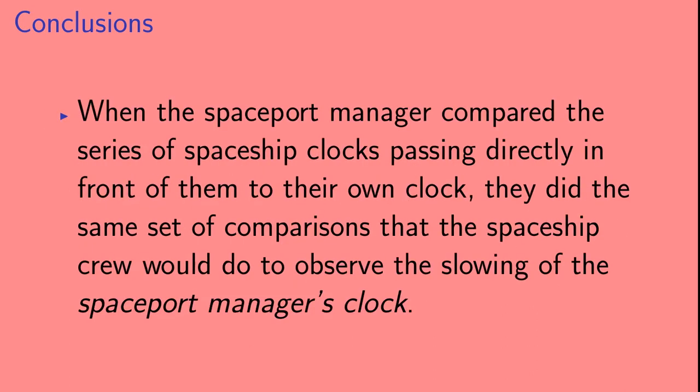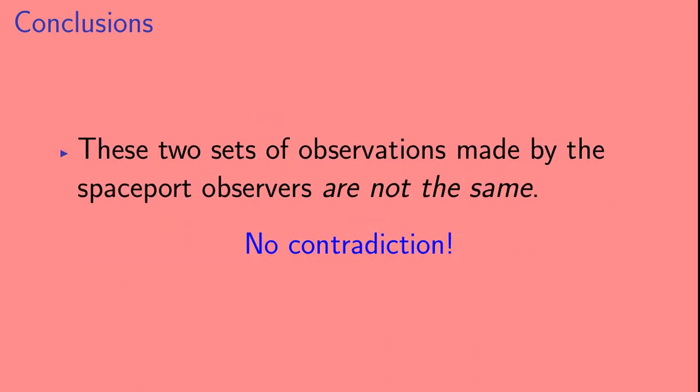But when the spaceport manager compared the series of spaceship clocks passing directly in front of them to their own clock, they did the same set of comparisons that the spaceship crew would do to observe the slowing of the spaceport manager's clock. These two sets of observations made by the spaceport observers are not the same, so there is no contradiction.